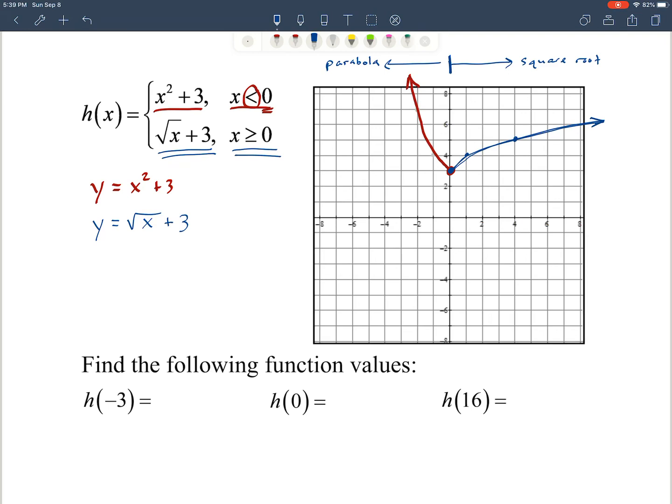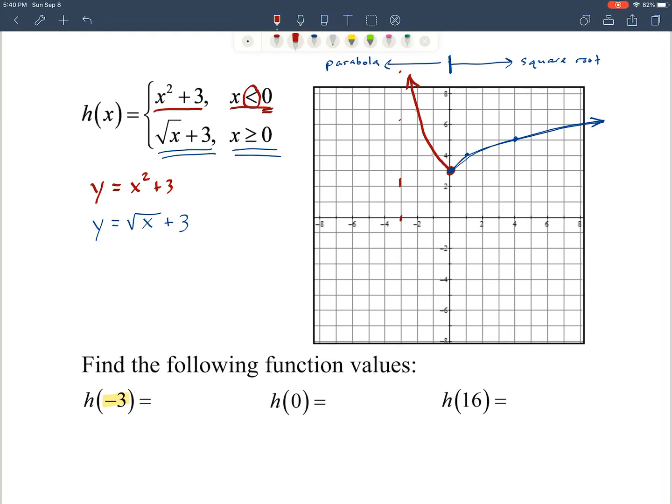Now, this is a function. If we wanted to do inputs and outputs here, if you look down below, if we took our h of negative 3, so if we put negative 3 into the function, here's where negative 3 is, we'd have to go up the graph way up here somewhere. Well, we could also use the algebra part of it.